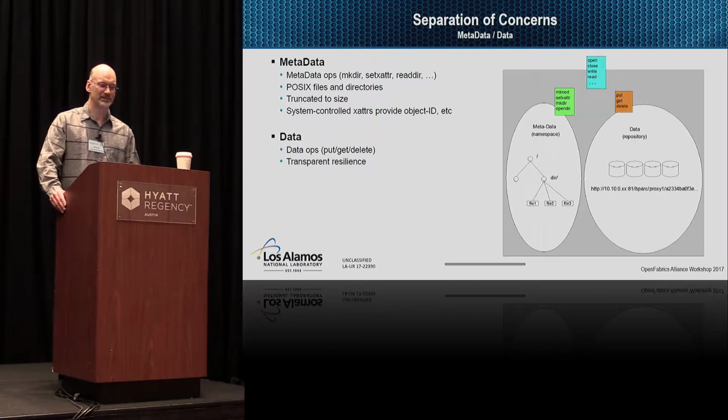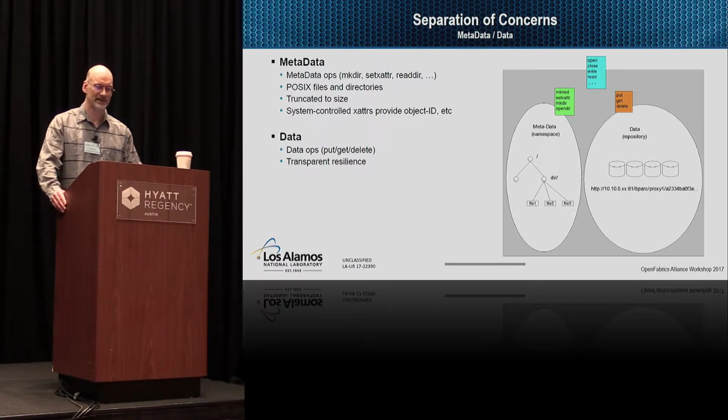We split the internal implementation into separate areas. So metadata, the default implementation of metadata is just a GPFS file system. So files and directories and all the chown and chmod just works. However, the files are actually just sparse files.